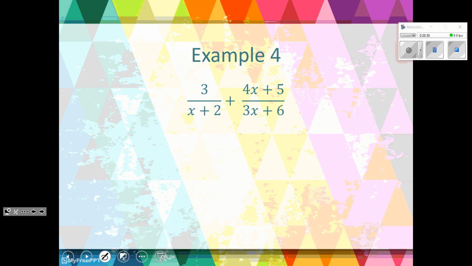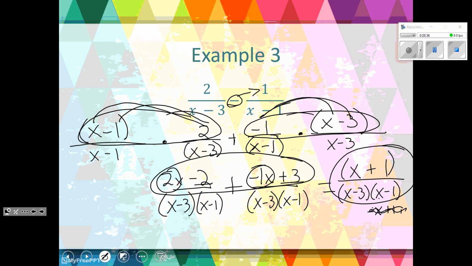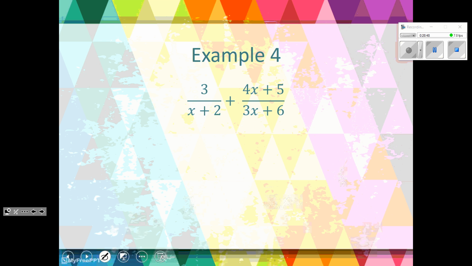So I've got to factor them out first. And everybody says, well, why on example 3 did you not do that? Well, look at your denominators on example 3. X minus 3, could it factor? Was it already simplified? X minus 1, was it already simplified? Yes. So if they're already simplified, you can just do the common denominators. But here, I've got to factor it down first before I can locate my common denominator.